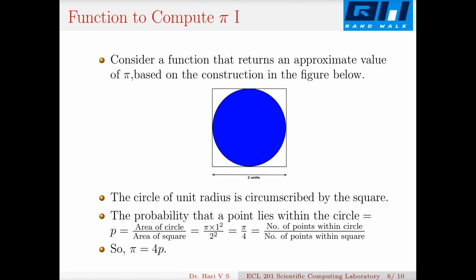Here area of the circle is pi r square, pi into 1 square, divided by area of the rectangle, which is 4 units, so it is pi by 4. So that is number of points within the circle divided by number of points over the square. So pi is equal to 4p. So if I compute the probability and multiply by 4, that will be the approximate value of pi.